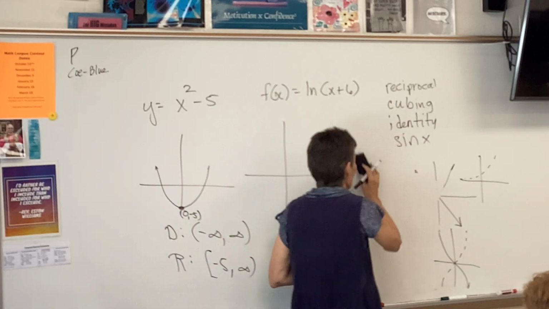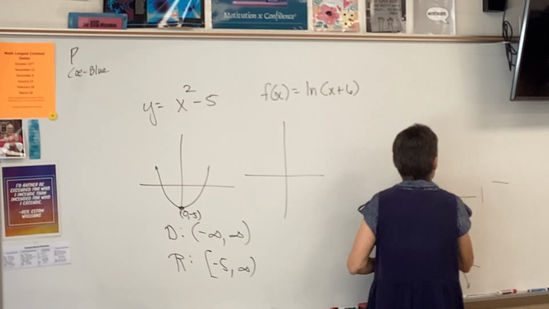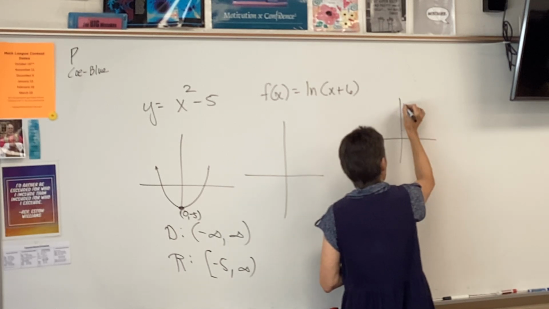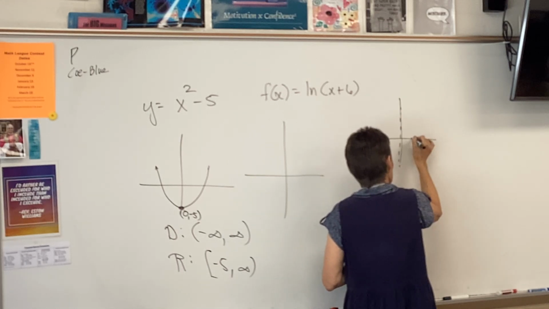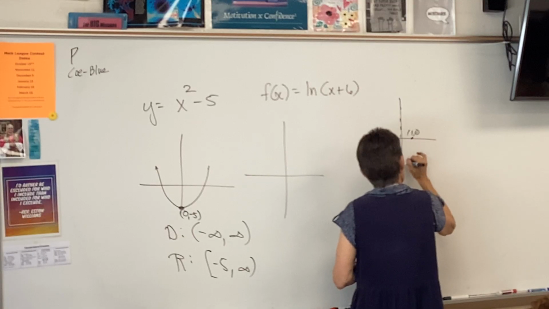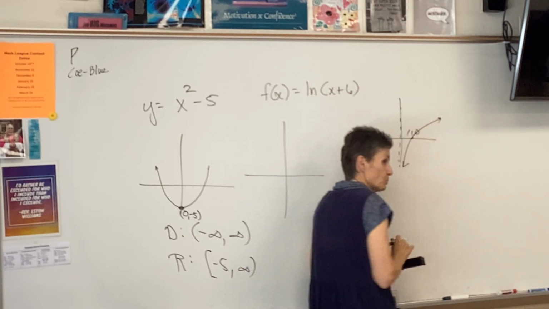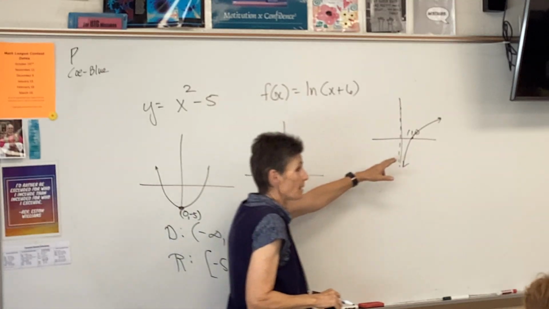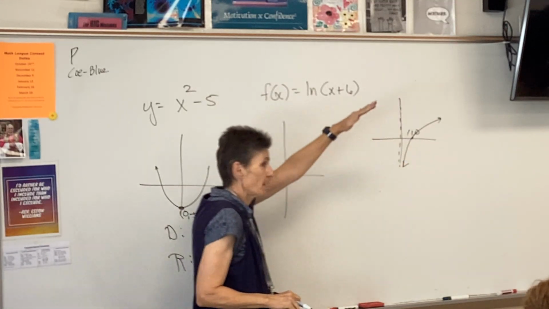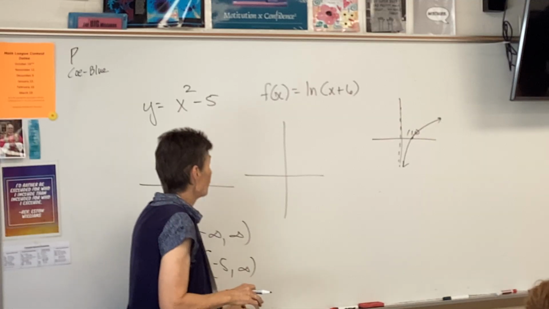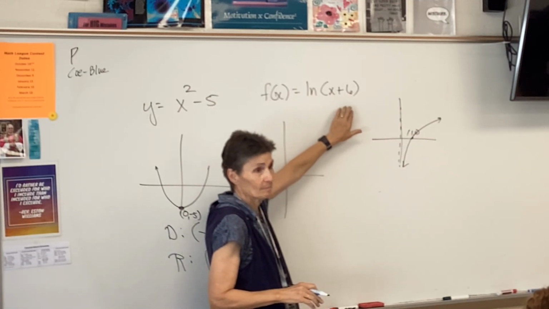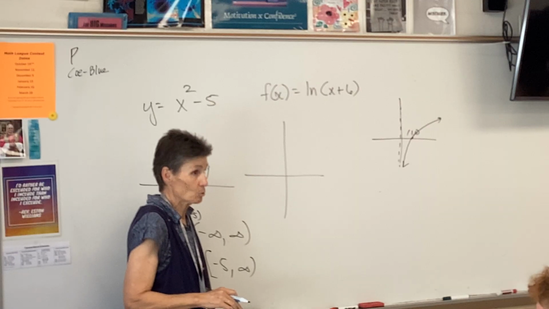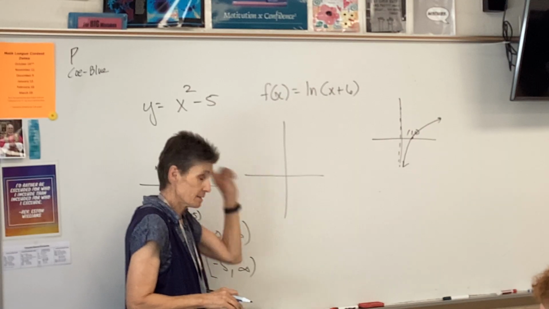Now, before I graph the next one by hand, I'm gonna remind myself what the normal logarithm looks like. This is the normal. Would you agree with that? Asymptote at 0, intersect at 1, up and out like that. Now, what has happened? 6 left.